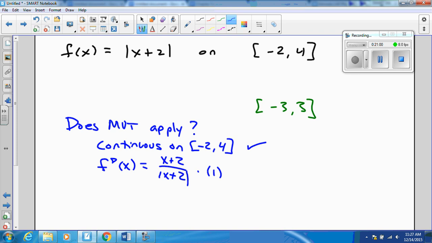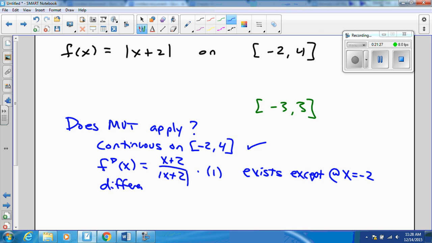And I can see, just looking at it, that this fraction will have a value except when x equals negative 2. So this exists except at x equals negative 2. This is reasoning we've done for a while. Is everybody clear on that?